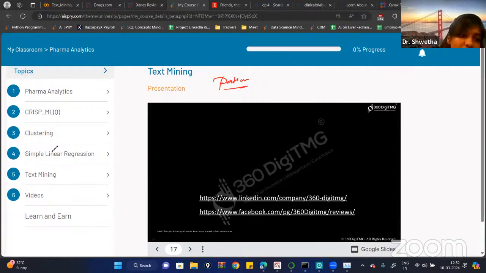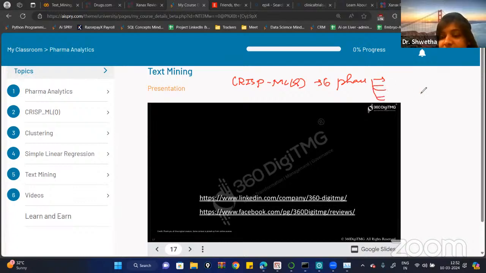Next, we saw the CRISP-ML(Q) methodology, which is a standard process followed for all data science project management. This CRISP-ML(Q) has 6 phases, and all these 6 phases will be followed whenever you are working on a project.